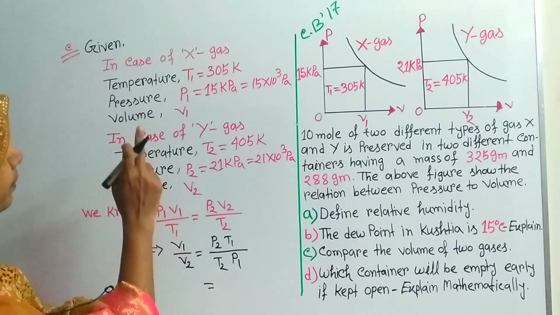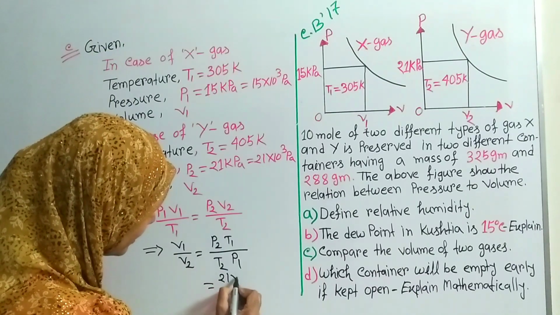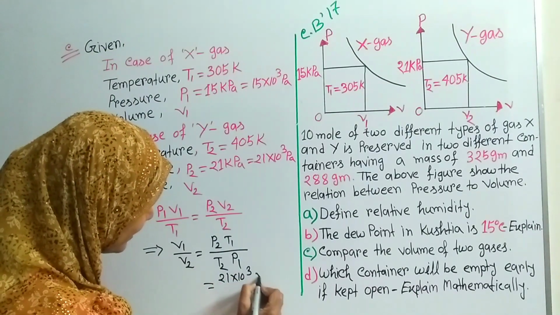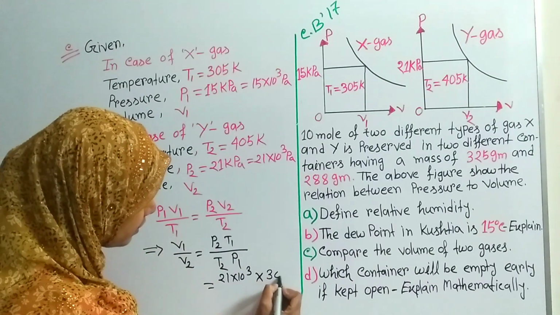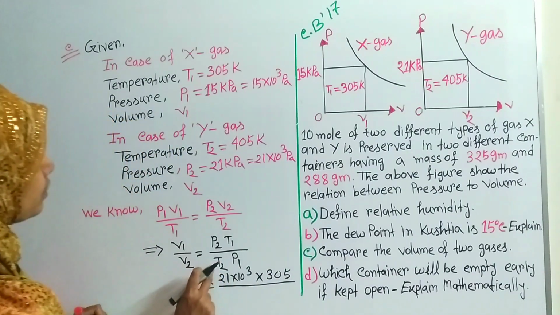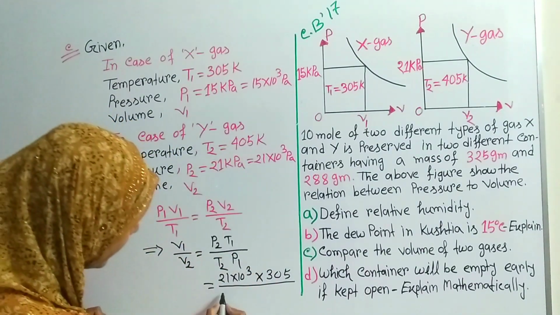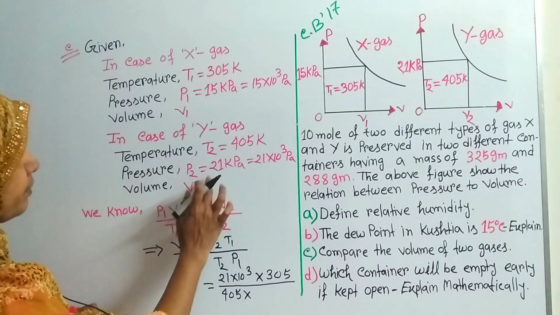The value of P2 is given here, 21 into 10 to the power 3, into T1 which is 305, divided by T2 which is 405, into P1.